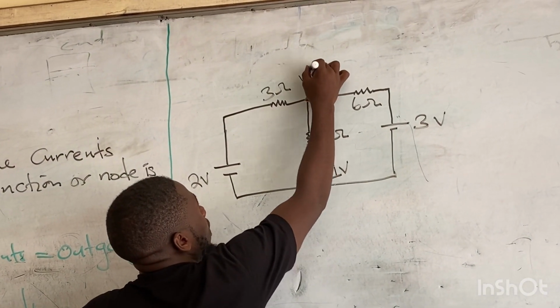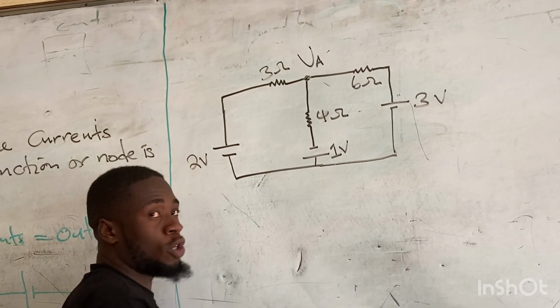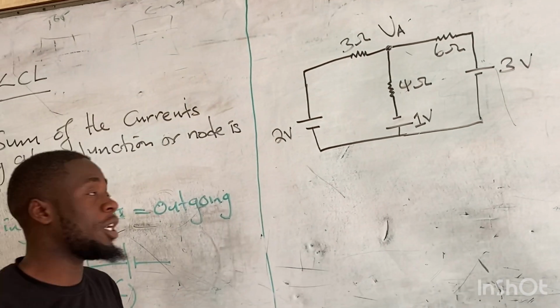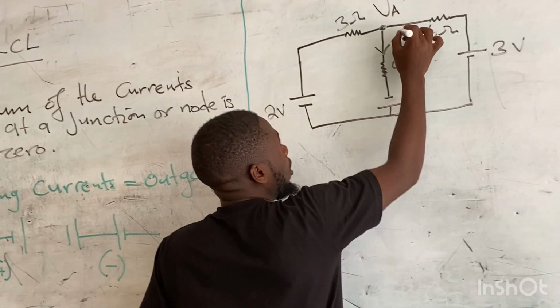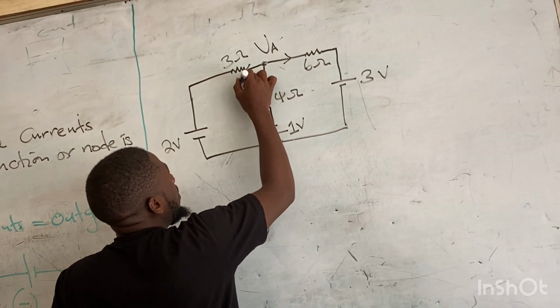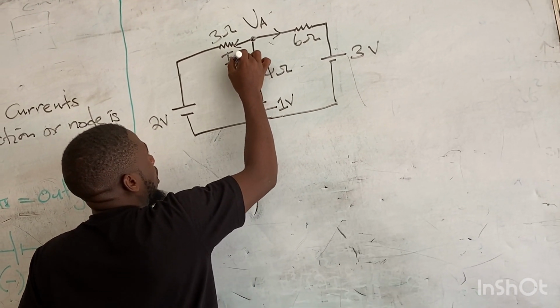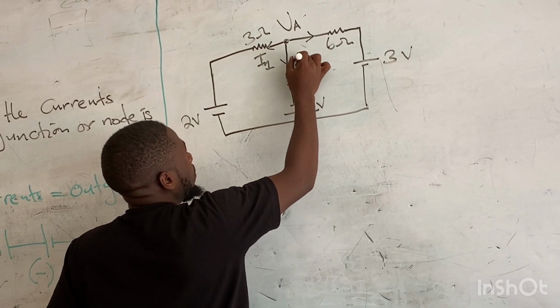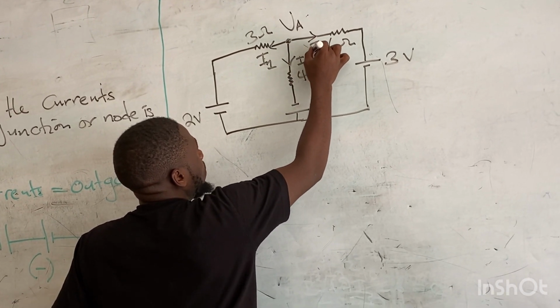Let's say this is VA. Because we're not given the direction of the currents, we assume that they are leaving the node. Let's call them I1, I2, and I3.